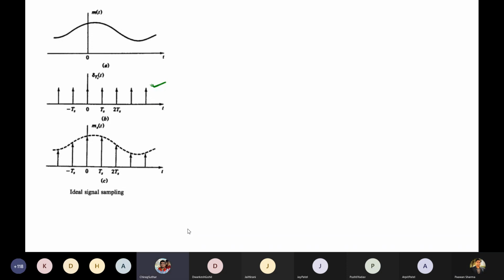This is UT. Unit impulse. This is train of unit impulses. Different unit impulses are there, right? At different time instants.